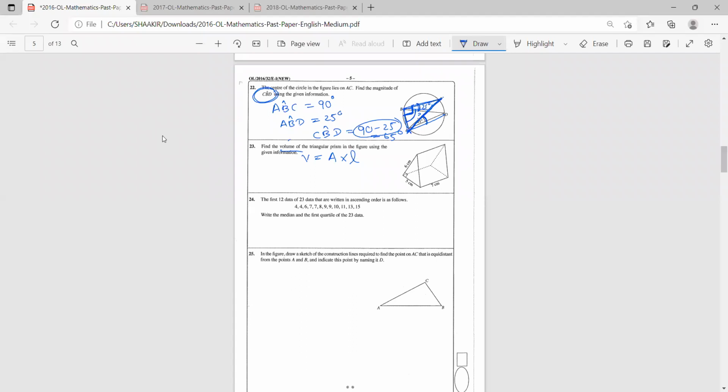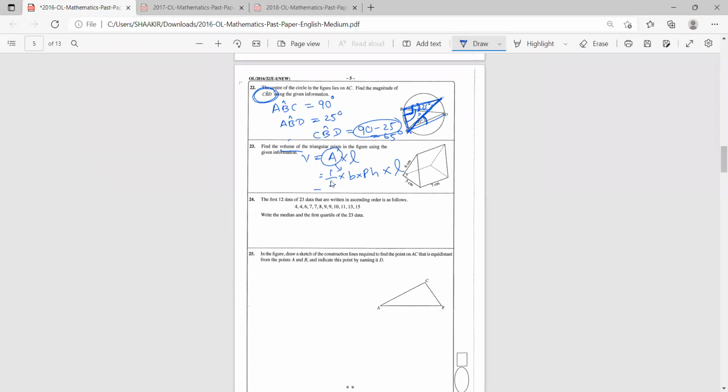For the prism, children, the triangle is the cross section. Remember that. So the area of the triangle is half into base into perpendicular height. So if you multiply it by the length, you will get the volume of the prism.